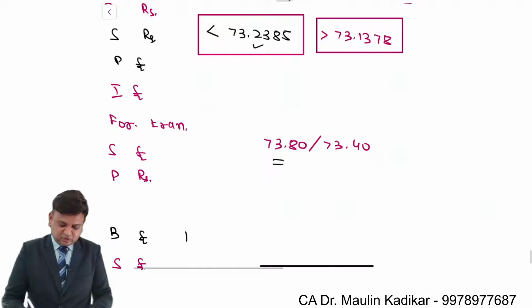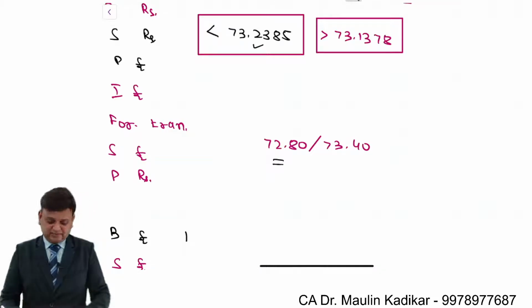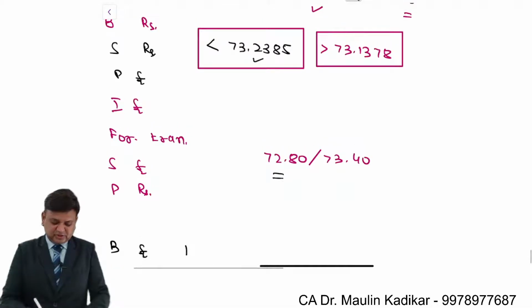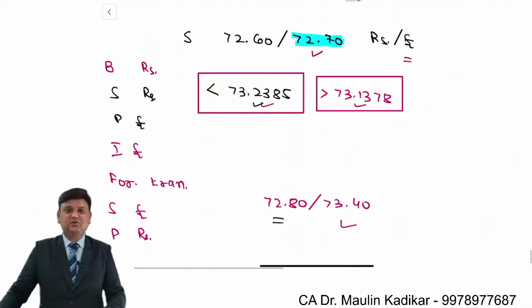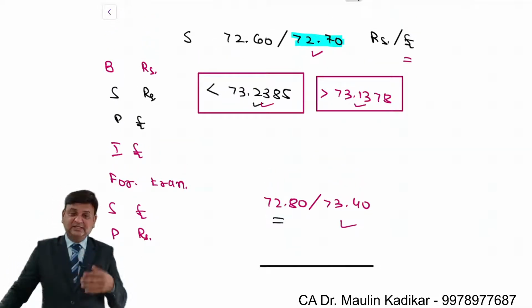I'm sorry, 72.80. The given forward exchange rate in the question, 72.80, is lower than this, so there is no arbitrage. And 73.40 is higher than this, so again there is no arbitrage. That is the reason the arbitrage is not there in this question.